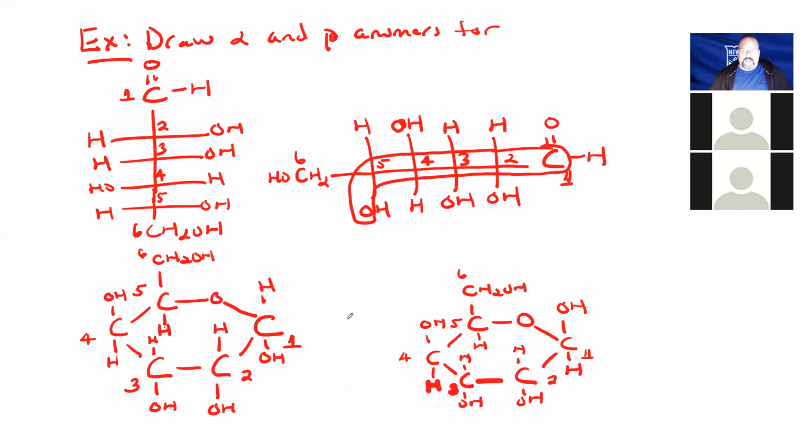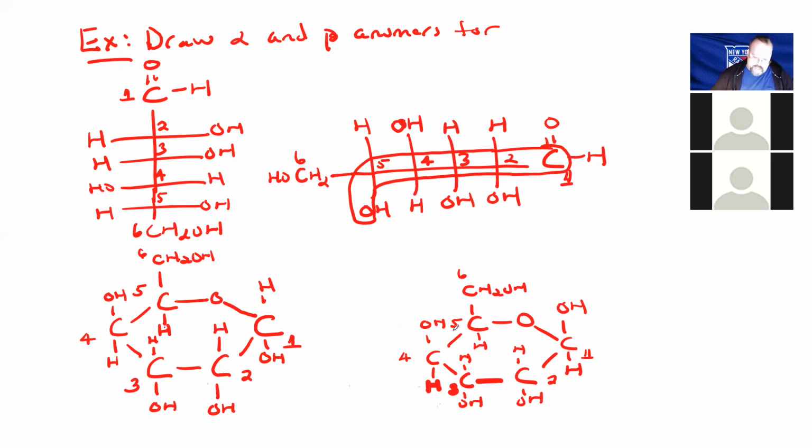Why do these both exist? Because if this ends up on the bottom, could I hold carbon 2 still and rotate carbon 1 so that it ends up to the top? I can't. I can't rotate around the carbons in a ring. So because you have a 50-50 chance, you actually end up with two different versions.